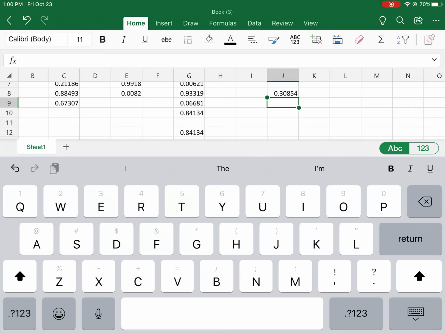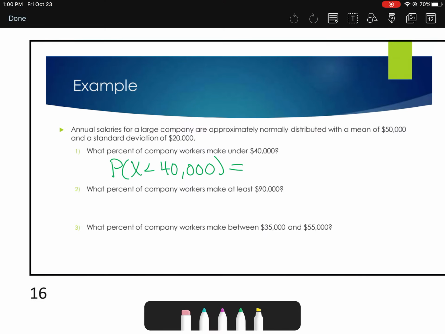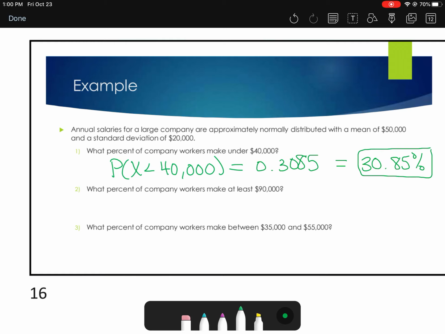I get 0.30854, which is 0.3085. Which is 30.85%. So almost 31% of the company is making less than $40,000.